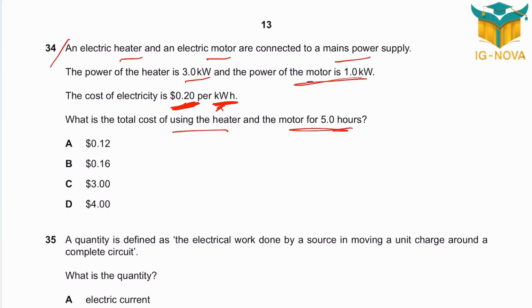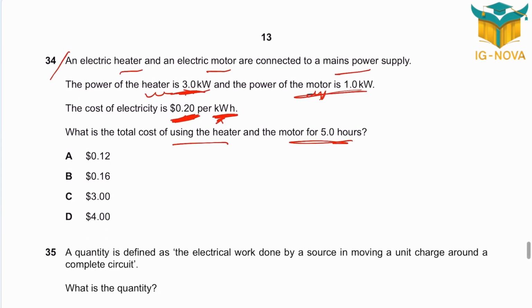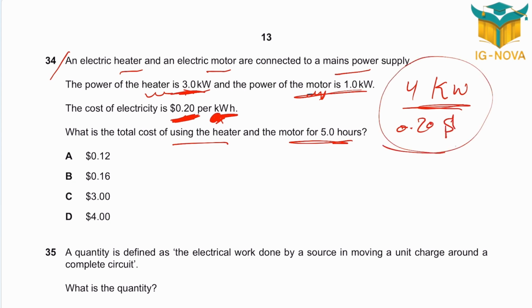Easy. Both the heater and motor consume 4 kilowatt each hour, and the cost per kilowatt per hour is $0.20. So the total cost for both devices in 1 hour is 4 times 0.20, which is $0.80.